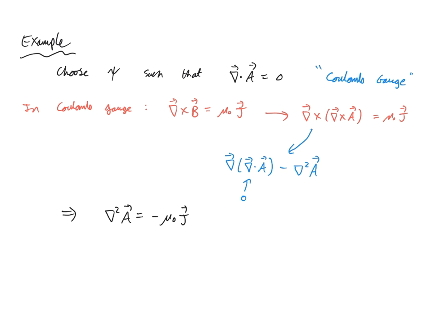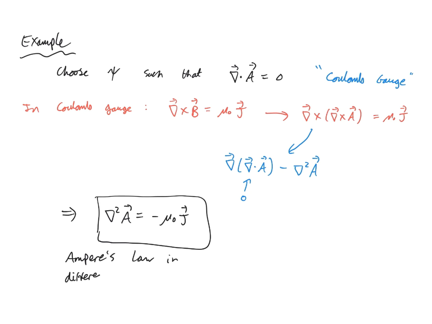So this Laplacian here is just the sum of the second spatial derivatives. Okay, so that's extremely important. It can be thought of as being Ampere's law, but in a differential vector potential form. And the most important thing about this equation is that it's basically like the Poisson equation in electrostatics.